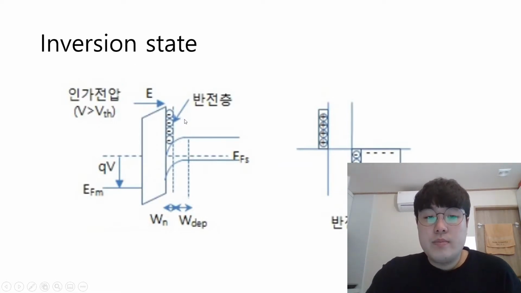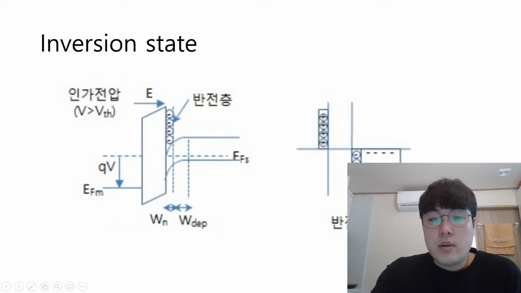So we can see the charging graph, and here is the inversion layer, and we know that the electrons are accumulated at the oxide interface, and only the depletion layer remains like a fixed charge.